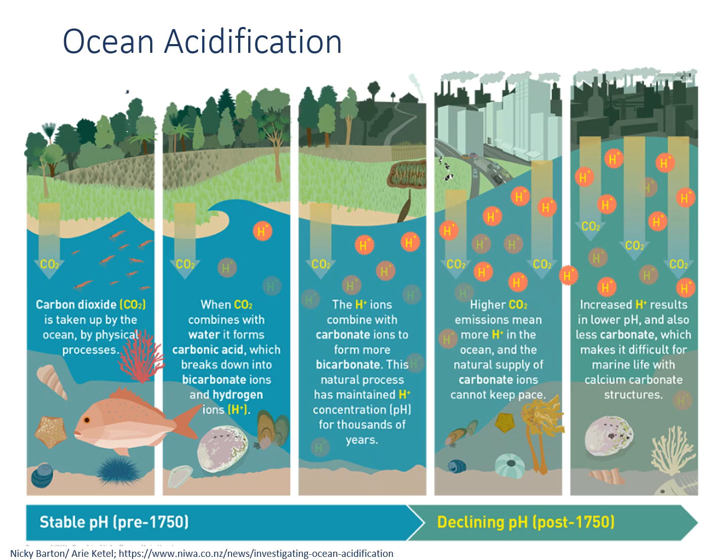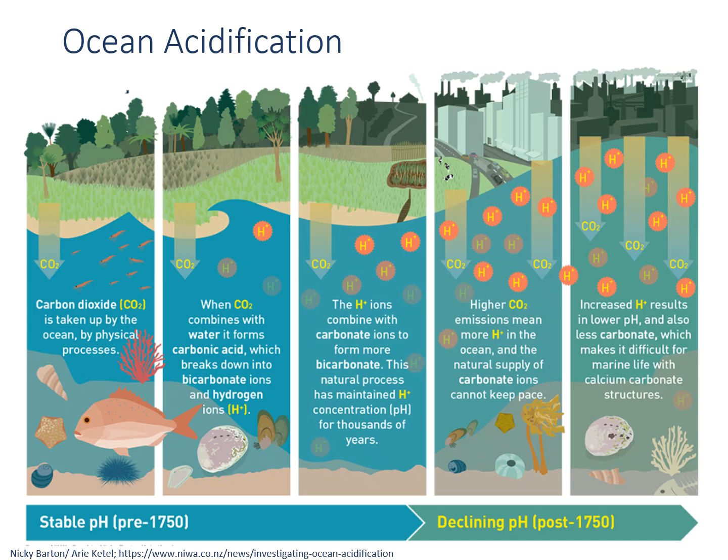All right, another threat of increased CO2 in the atmosphere is ocean acidification. Pre-1750, we had a stable pH in the ocean. Since then, we've had more carbon dioxide in the atmosphere, which leads to more acidification in the ocean. CO2 from the atmosphere is taken up by the ocean by physical processes.